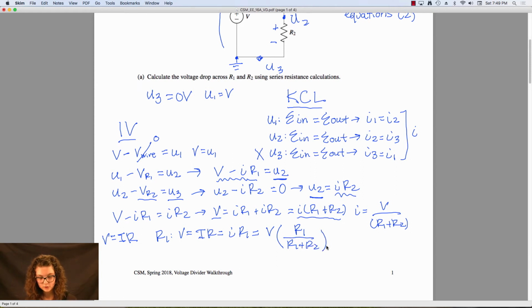So it's equal to the voltage source times R1 over the sum of the resistances. Likewise for R2. So there it is. This is the voltage drop across both R1 and R2.